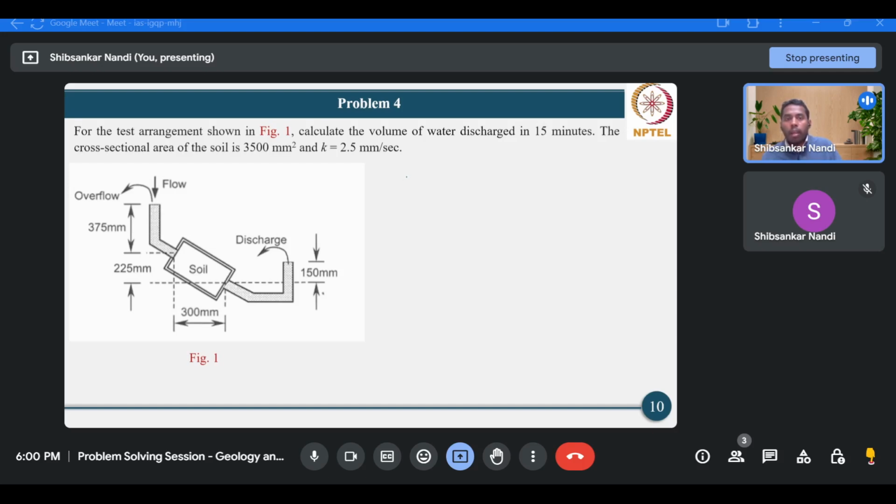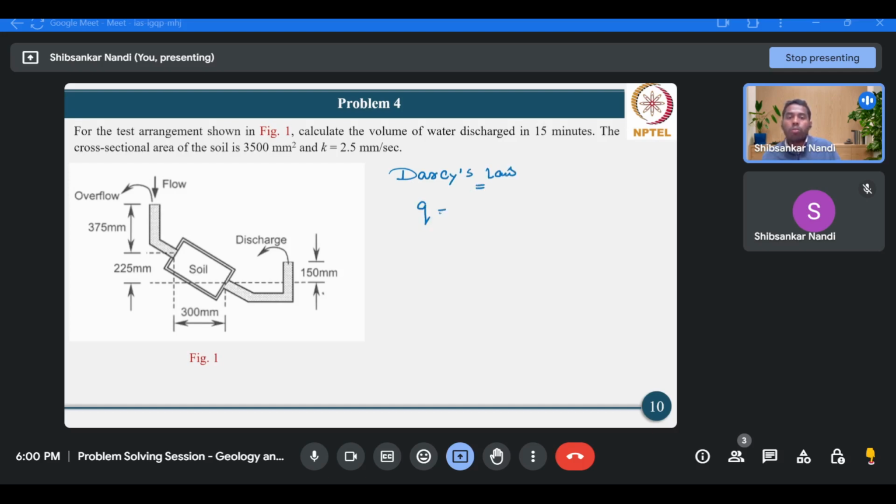Okay. So if we have to calculate the volume of water discharged in 15 minutes, first we need to know the rate of flow from Darcy's law.